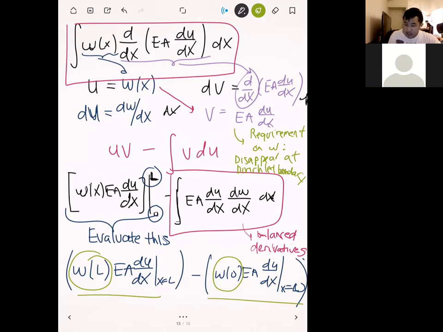We haven't defined what our Dirichlet boundary is for this problem, but let's just assume that x equal to L is a Dirichlet boundary. Then we have w of L equal to 0, and that totally cancels out that first term right there.